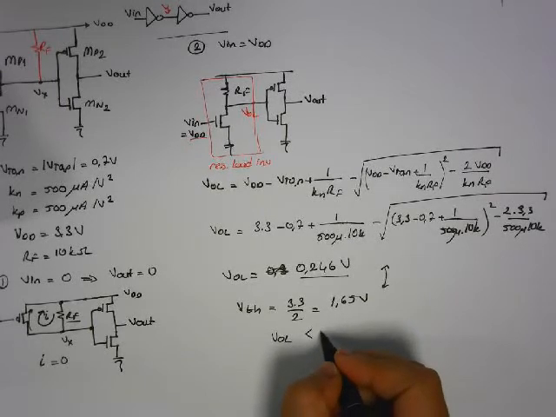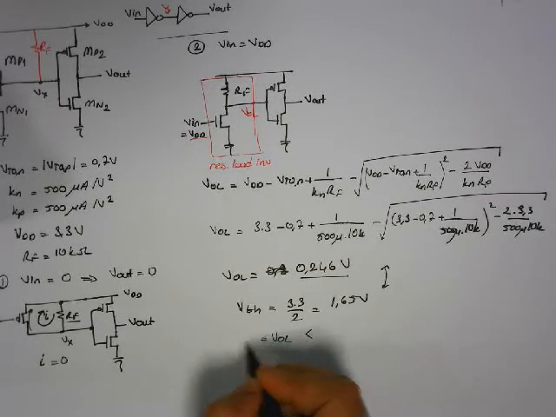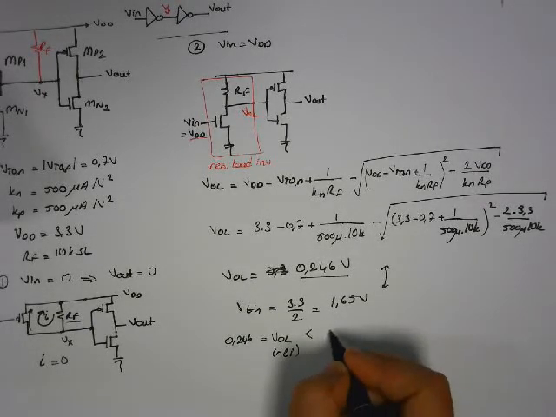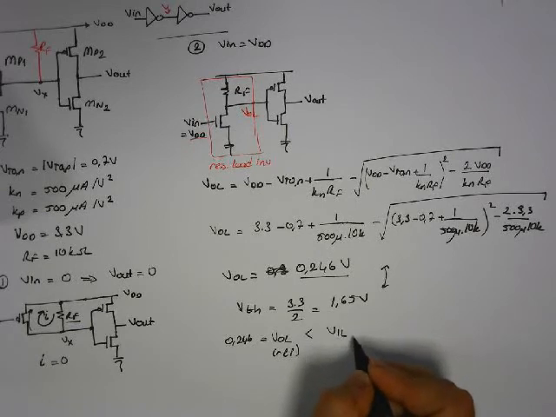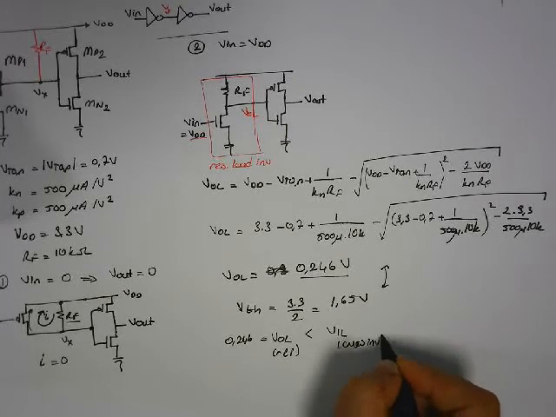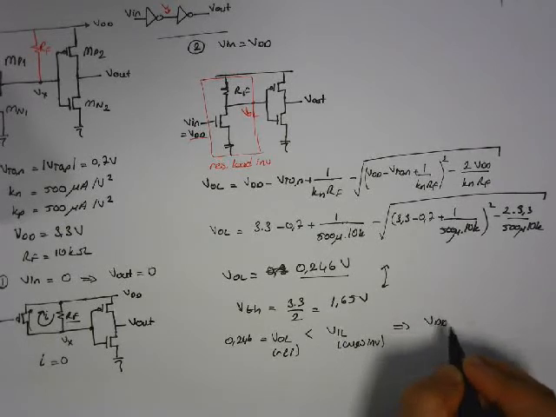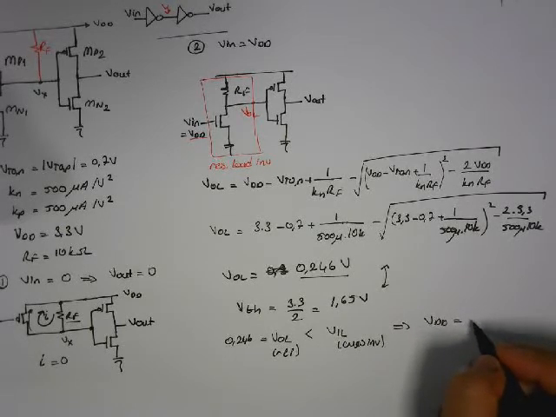ideally VOL should be this 0.246 volts. VOL of the resistor load inverter should be smaller than VIL of the CMOS inverter to see a high value at the output.